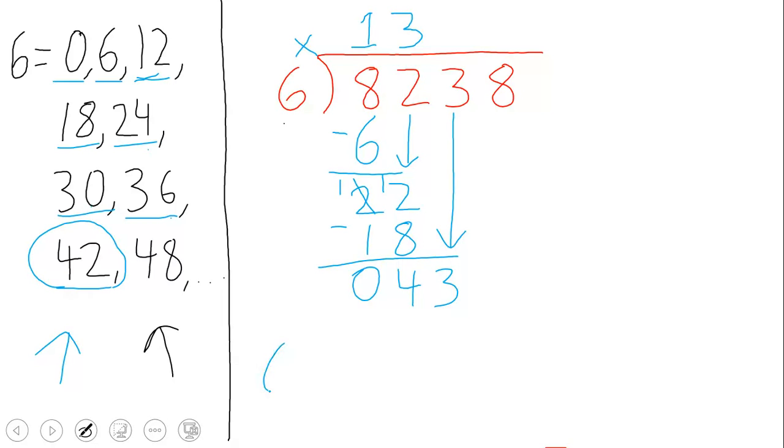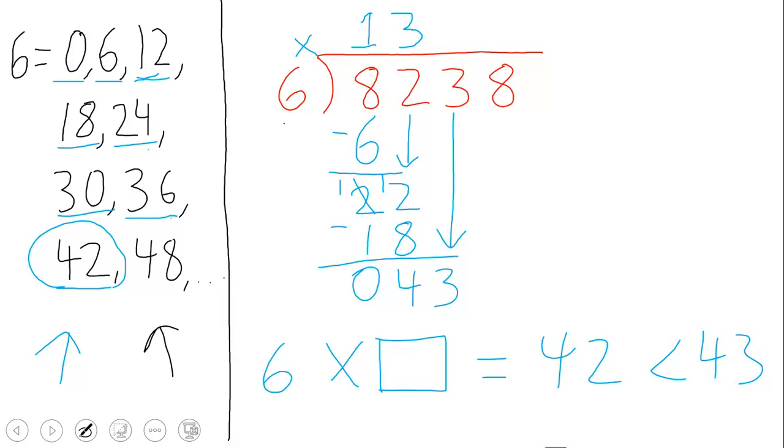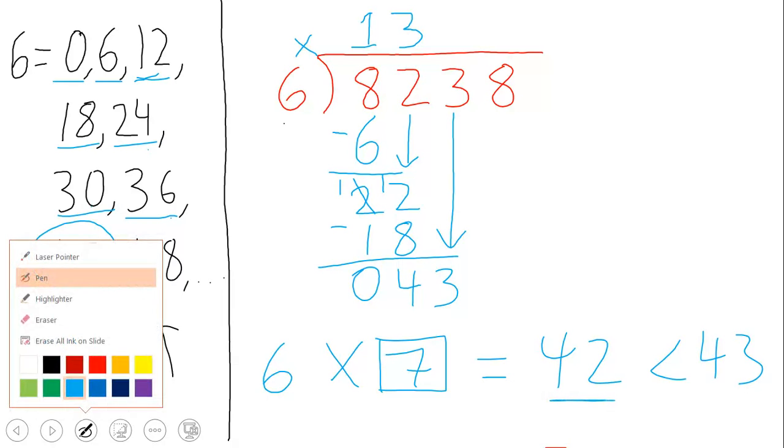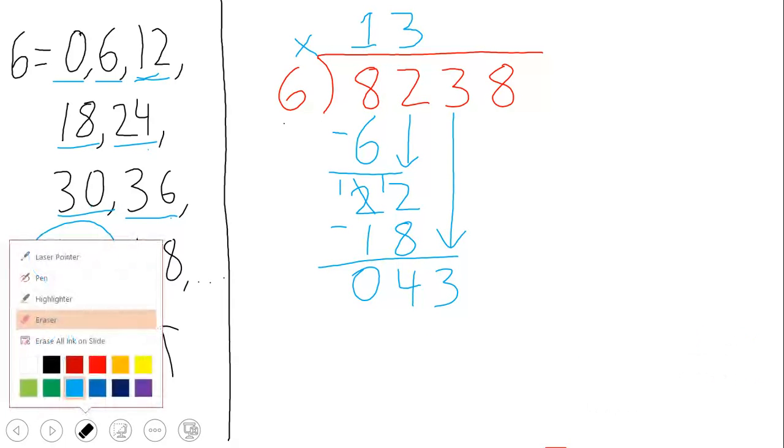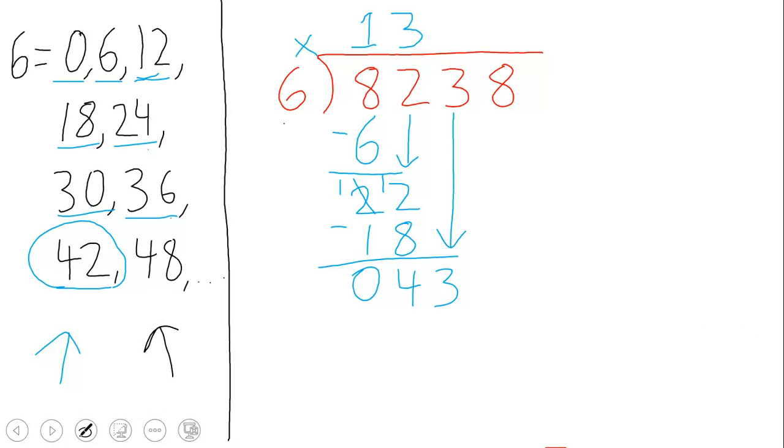And we say, okay, what number is going to give us 42? The answer is 7. So 6 times 7 is 42.